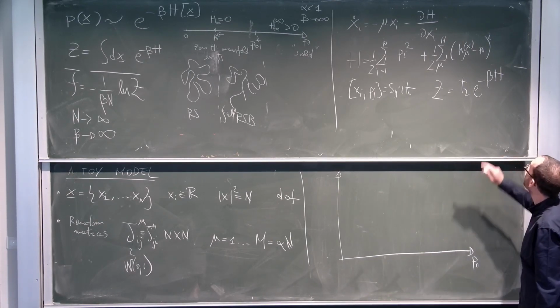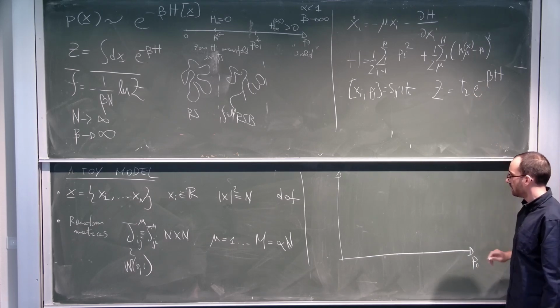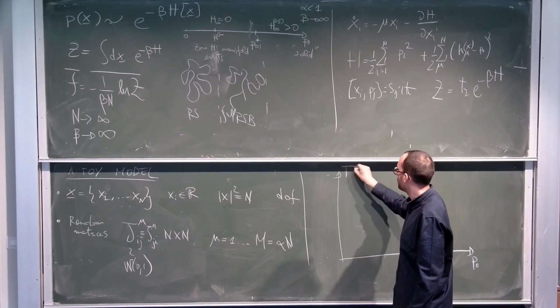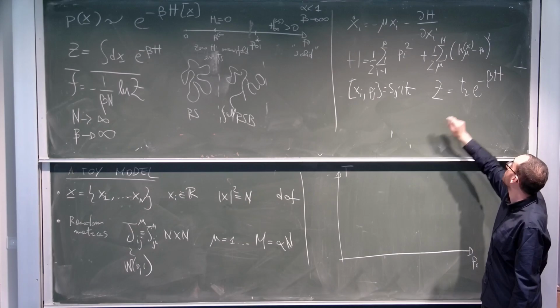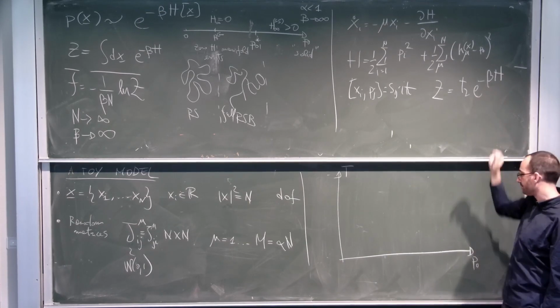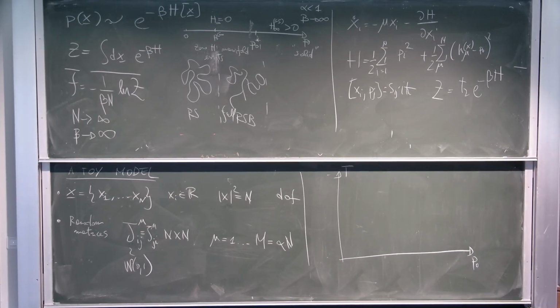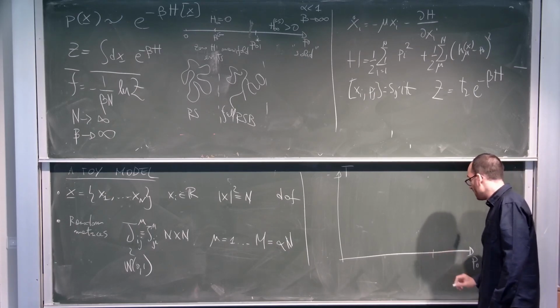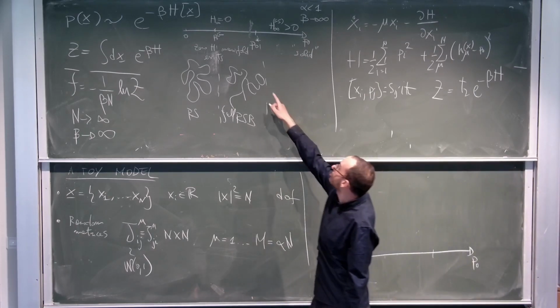Again, I have this p0, and now this is the temperature, so this is 1 over beta. Somewhere here I have the phase transition p0 star.